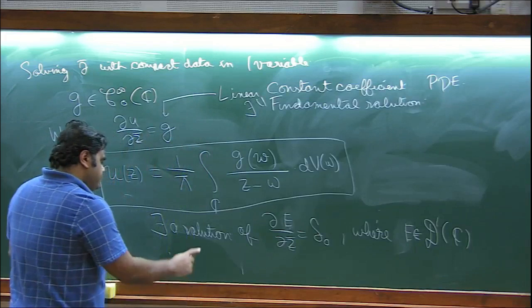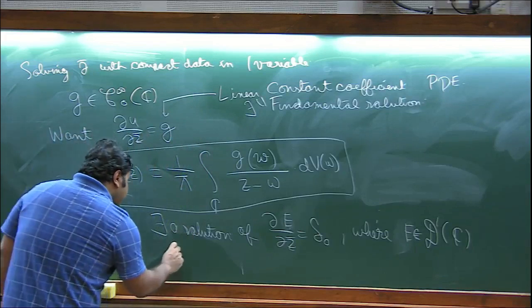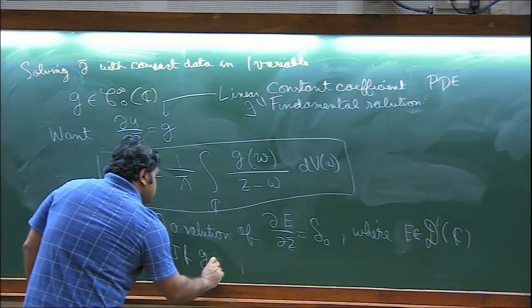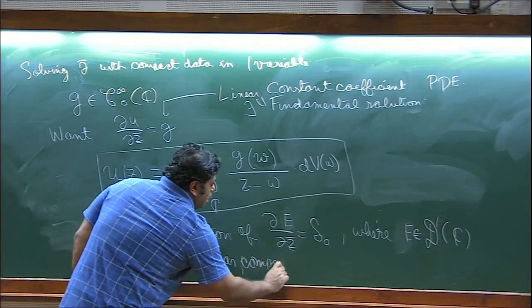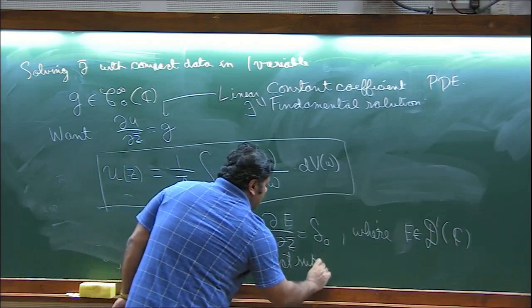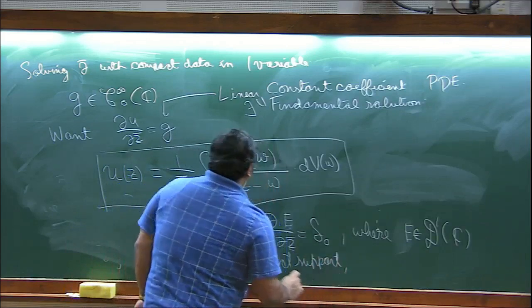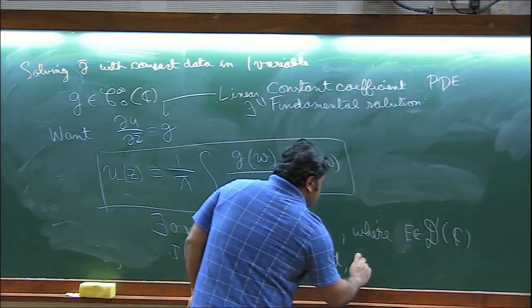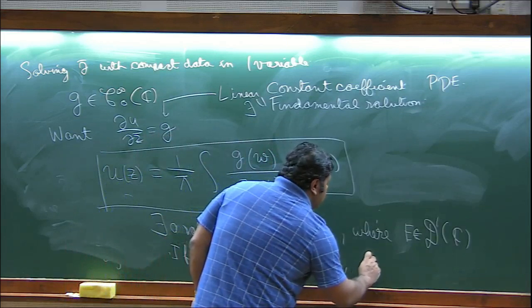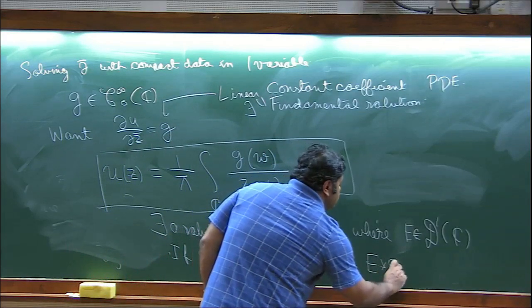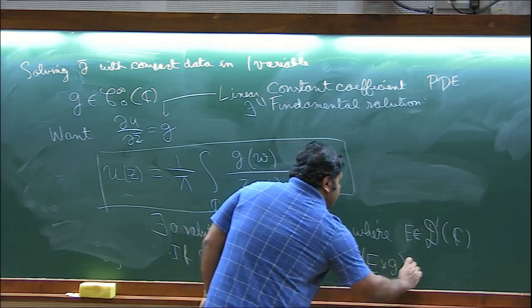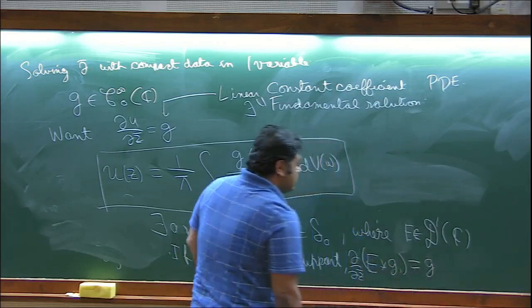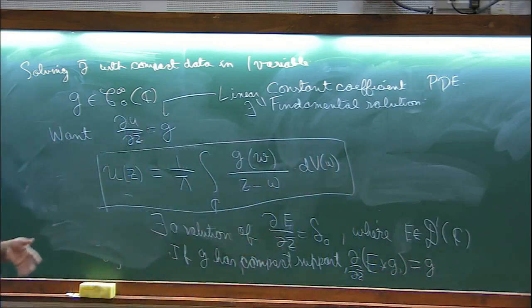So then if g has compact support, if you look at the convolution E convolved with g and apply the operator to this, one can check that this is the same as g. So therefore, you can solve with compactly supported data by convolving with the fundamental solution.